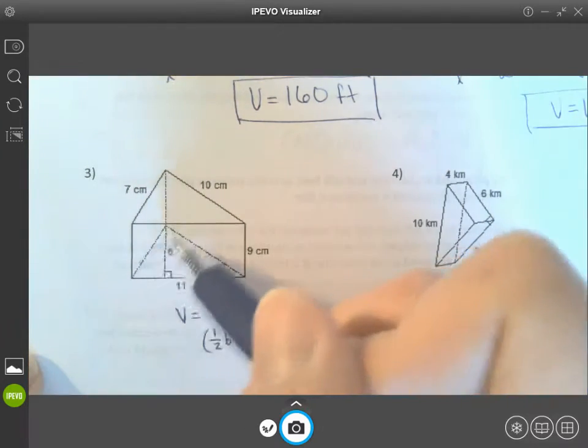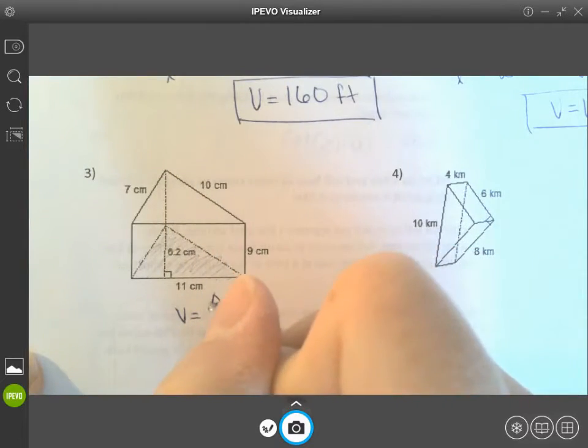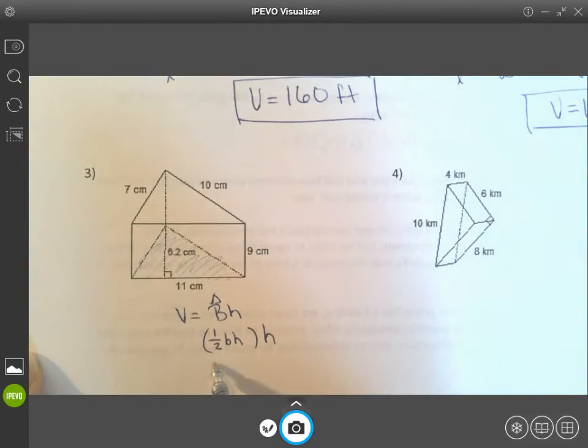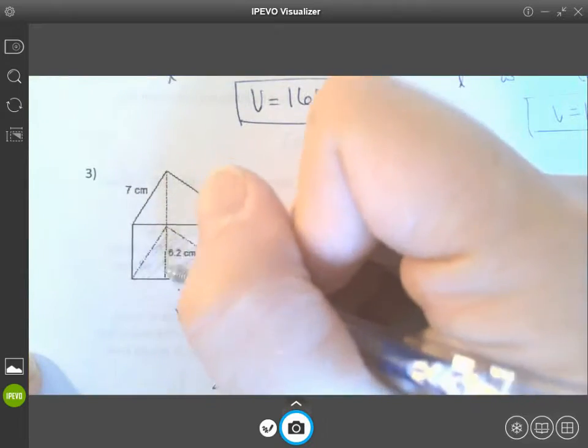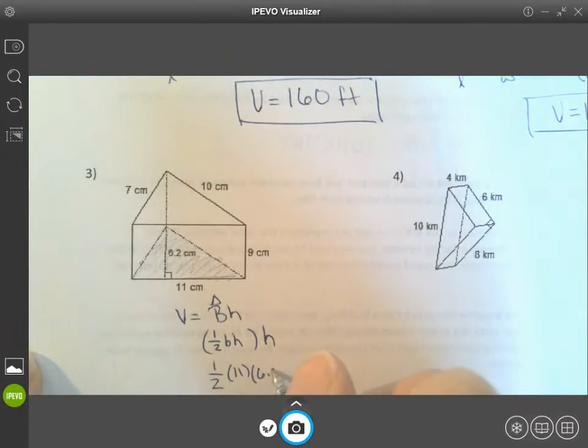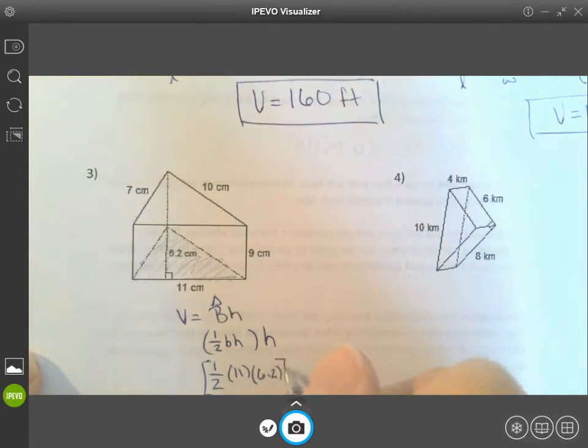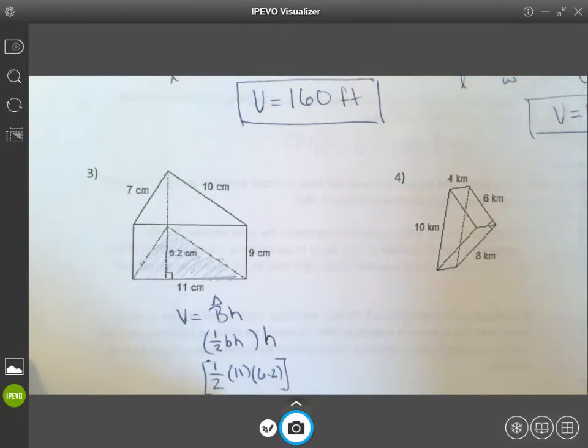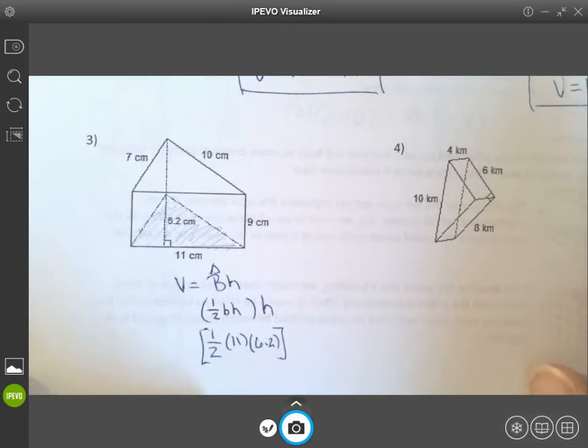Capital B stands for the whole base, which is a triangle. So the triangle would be half of the base of the triangle, which is 11, times the height of the triangle, which is 6.2. Then you would take the area of the triangle times the height of the figure. What's the height of the figure?